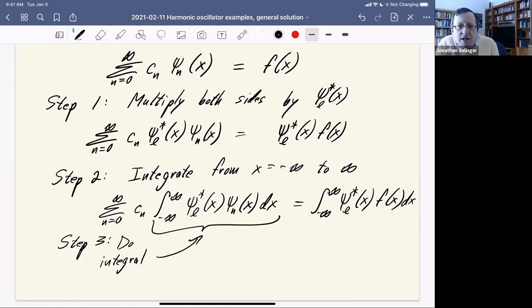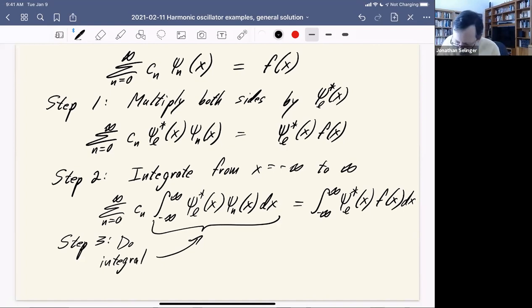And you remember that this integral gave us 1 if n equals L and 0 if n is not equal to L. Amazingly enough, the same thing is true here with these functions.